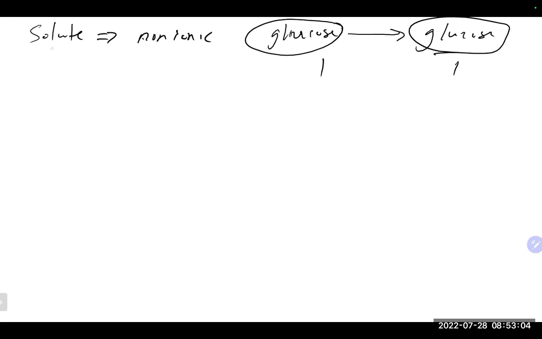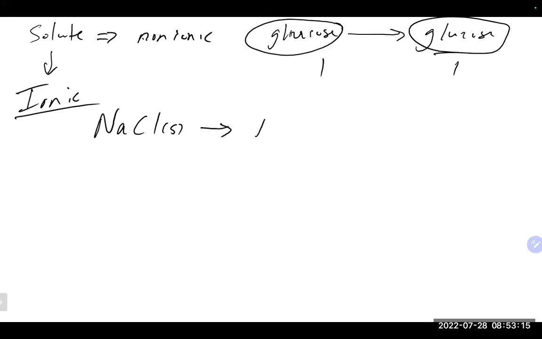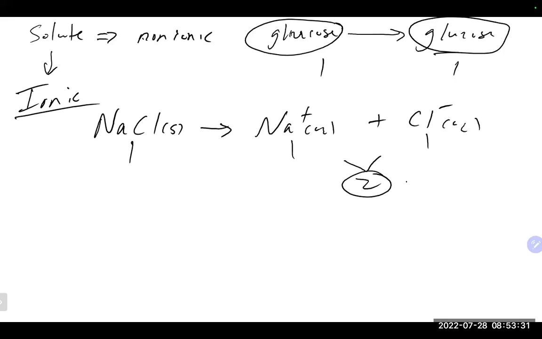When we take a solute that is ionic, different things happen. For example, if we dissolve something like sodium chloride in water, we would get sodium ions floating around and chloride ions floating around. So for every one sodium chloride unit that we toss in there, we produce 1 and 1, which is 2 total particles.